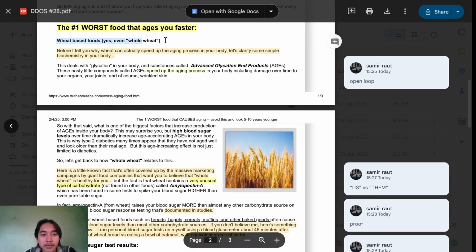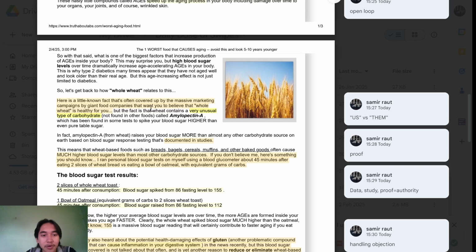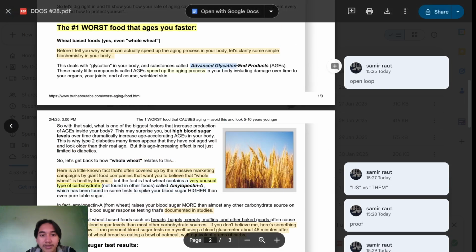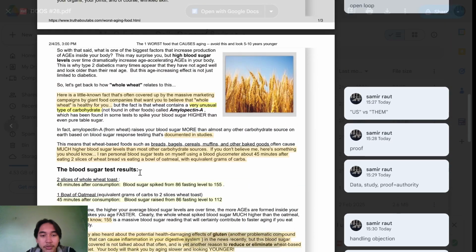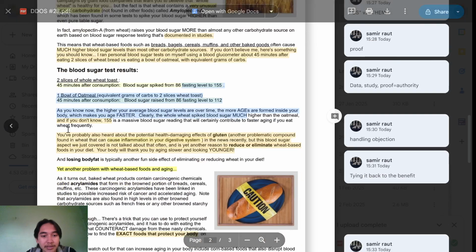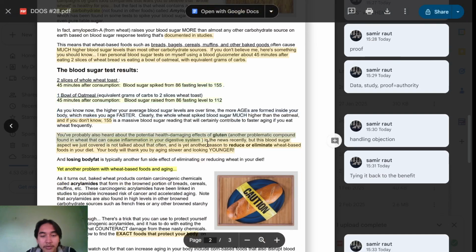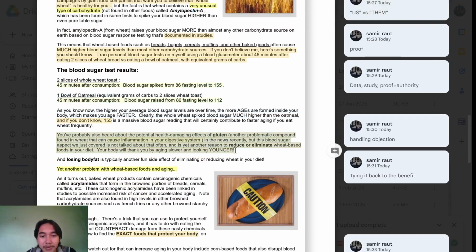They positioned a wheat-based food as the enemy. Why? Because it has a unique mechanism called amylopectin, which induces advanced glycation end products. They show it backed by some data, and that's gonna result in bad health consequences the reader does not want.